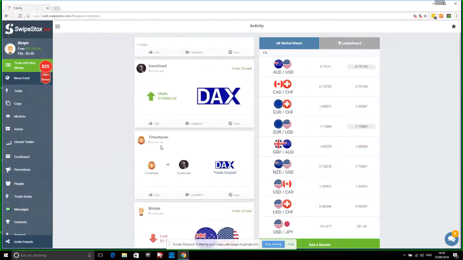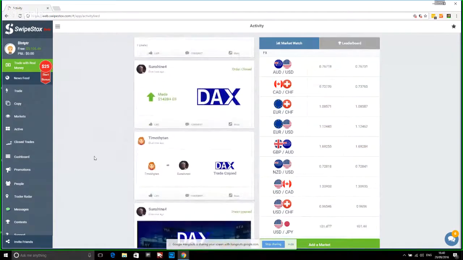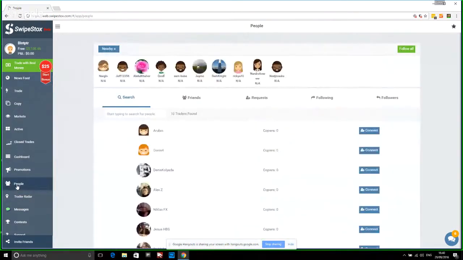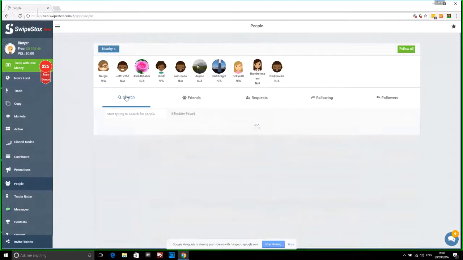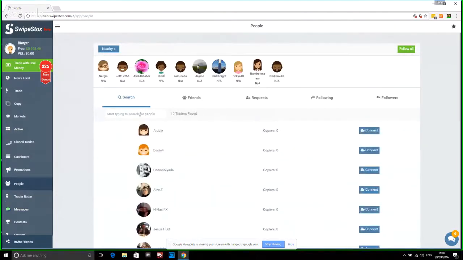If you scroll down, I have some friends already, but if you don't have any, you can just go to People here. You can either select them from the recommended list, or search for them by name.